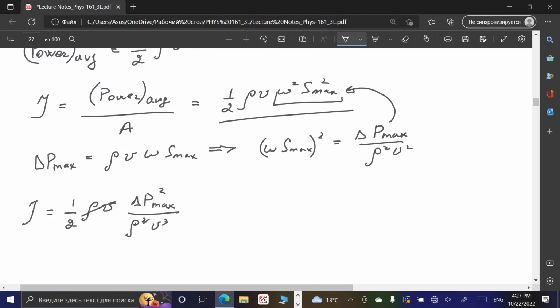We cancel out these terms. That will give us delta P maximum squared divided by 2 times rho times V. So that is the expression for sound intensity, which we derived in terms of change of pressure, which we can measure at any point.